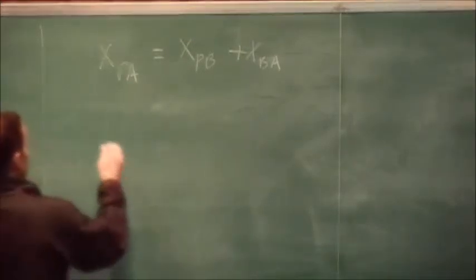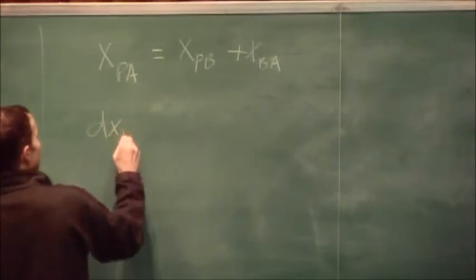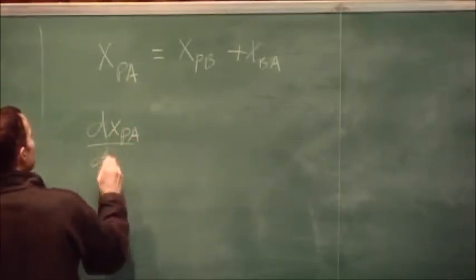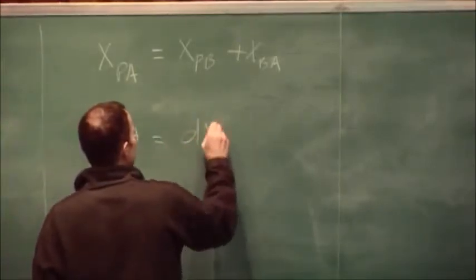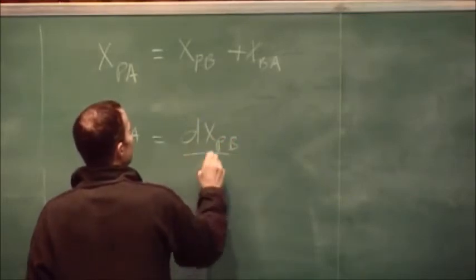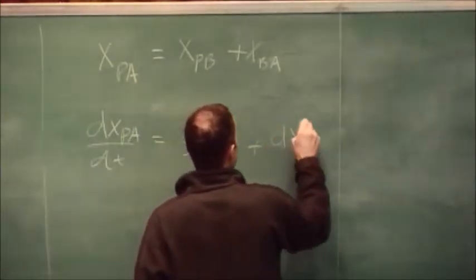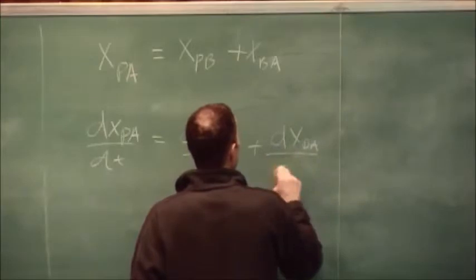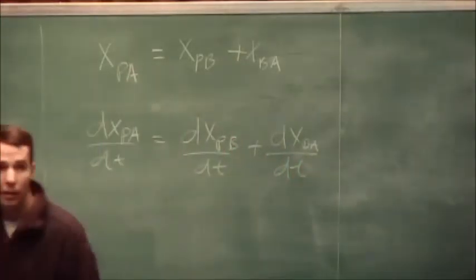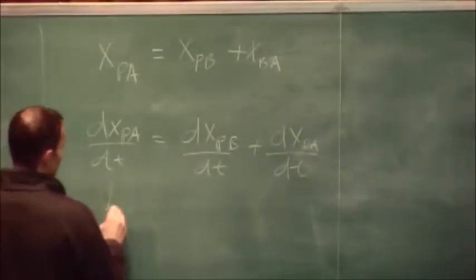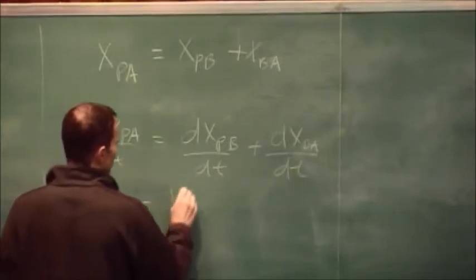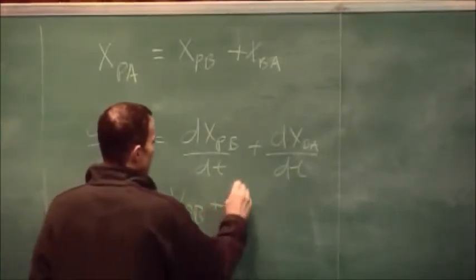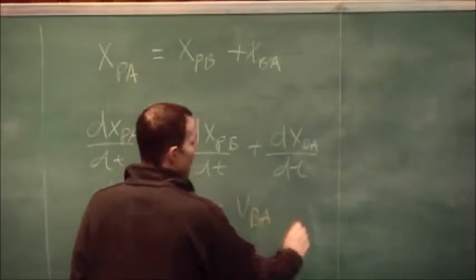I just take the derivative with respect to time. So I say dxPA/dt is equal to dxPB/dt plus dxBA/dt. Okay, so I can see that VPA is equal to VPB plus VBA.